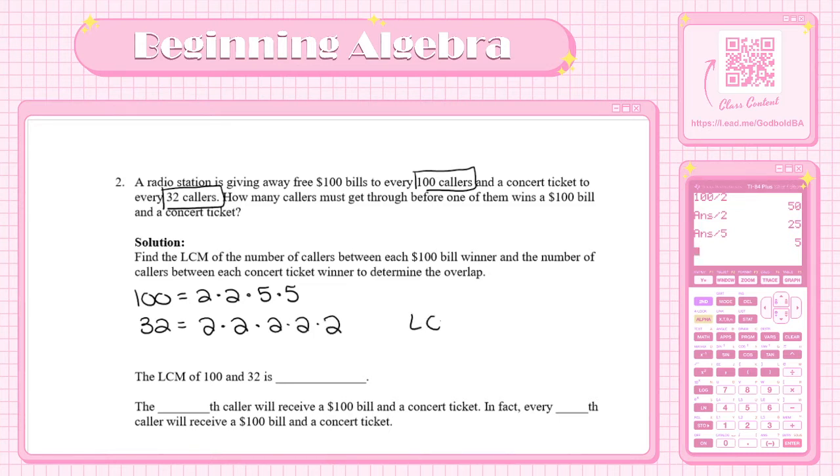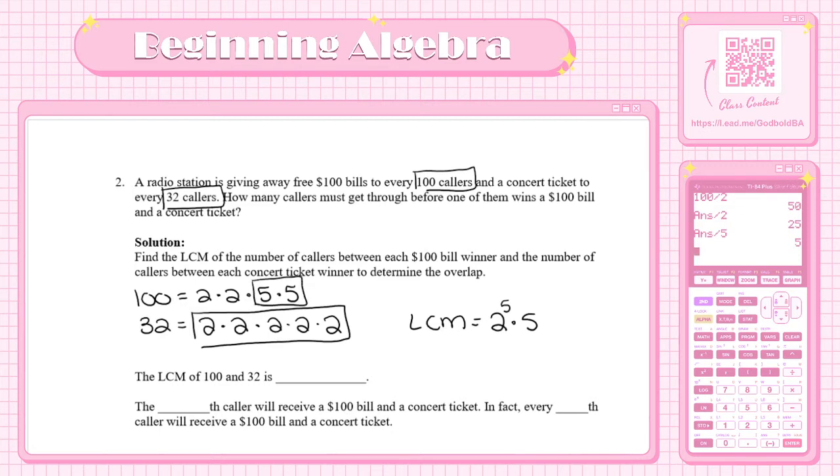So the least common multiple is going to need to contain, I see some 2's, I see some 5's, some 2's, and some 5's. Who has the most 2's? In this case, 32. It's got 5 of them. So I'll need 5 of them in my least common multiple. Who has the most 5's? 100.